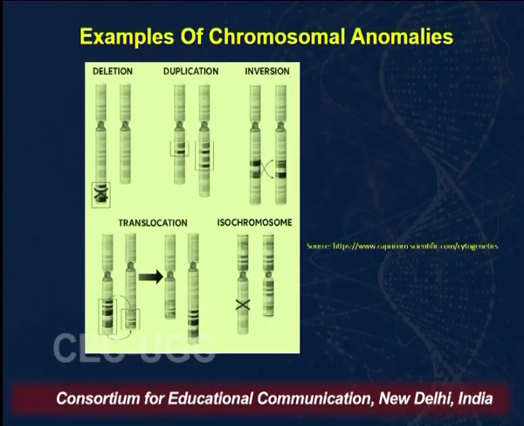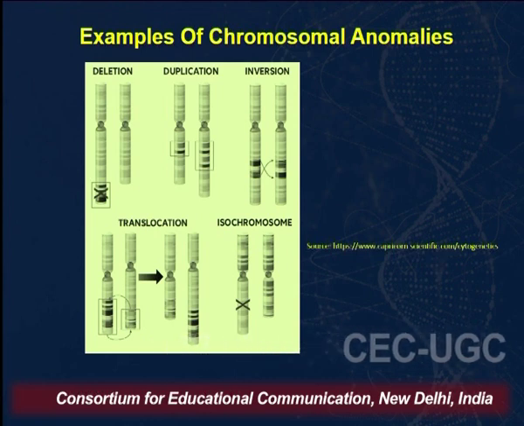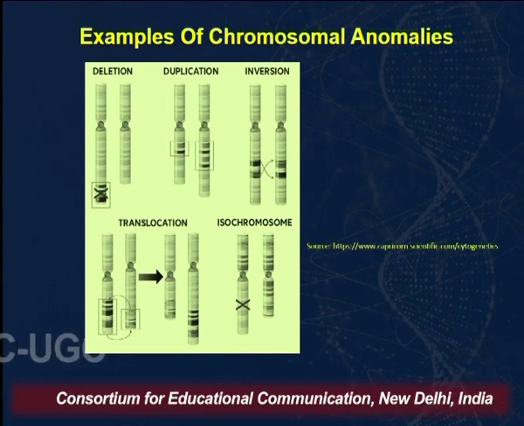Now, we see the diagram over here. These diagrams show examples of the chromosomal abnormalities. If we see over here, the deletion has occurred, which means that a part of the chromosome has been deleted. We can see the chromosome length has decreased or shortened in this case.